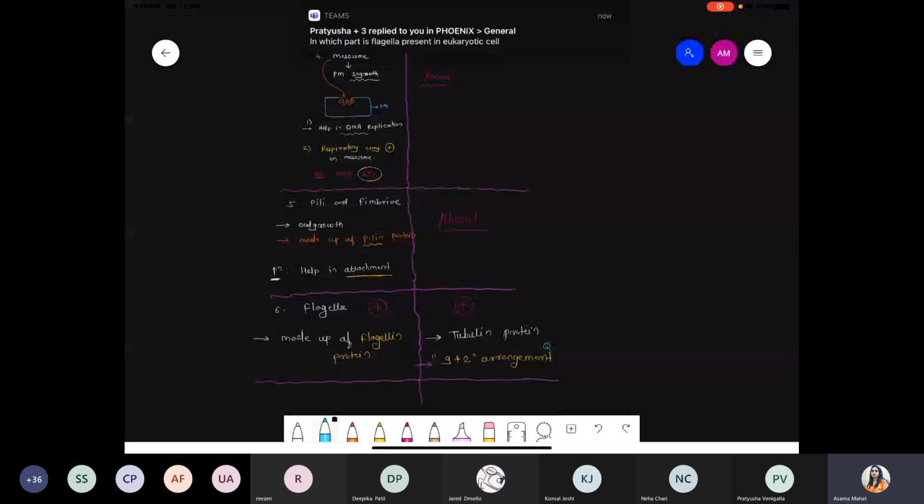Which part is flagella present in the eukaryotic cell? See, when we are talking about flagella, flagella consist of three parts: basal body, basal plate, and the filament. These are the common parts which are present in prokaryotic flagella as well as eukaryotic flagella.